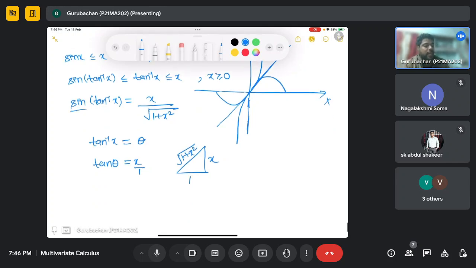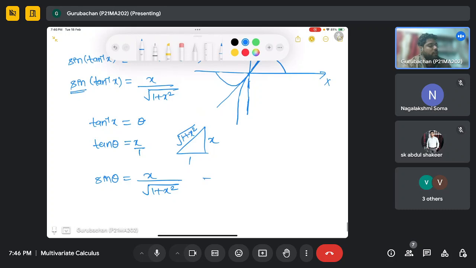Since here it is sine, we have to compute sine theta, which is perpendicular divided by hypotenuse length. So sin theta is x by under root 1 plus x square, where theta is tan inverse x. Now theta has become expressed in terms of sine.